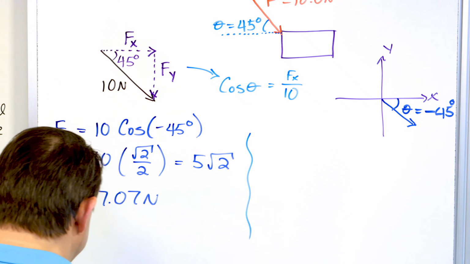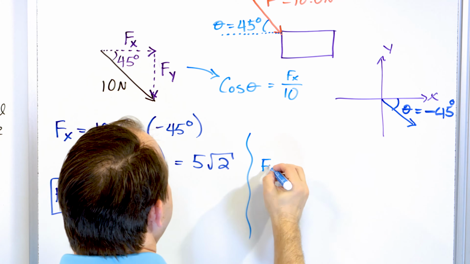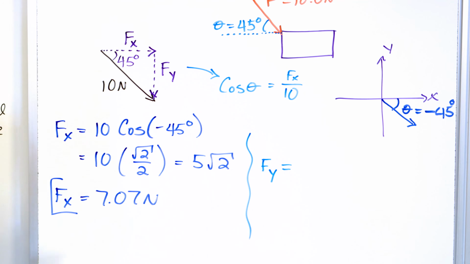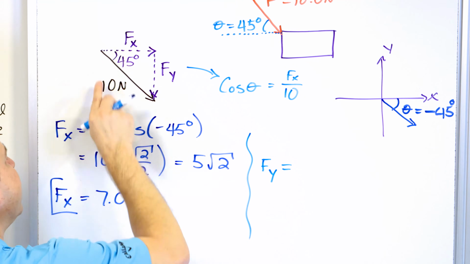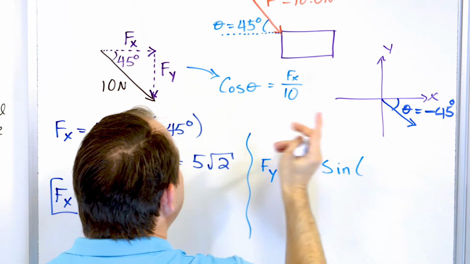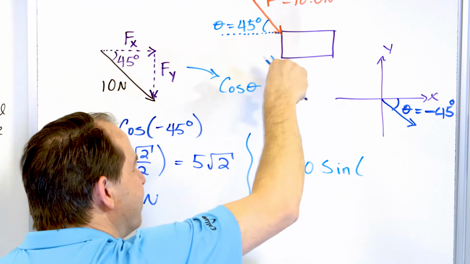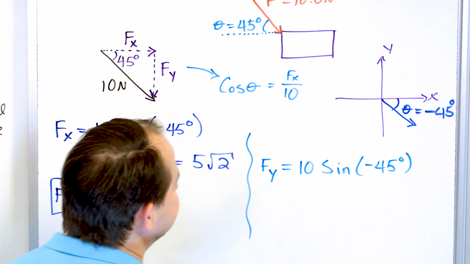All right, so then what we need to do is the same thing for the y direction. So if cosine chops in the x direction, what chops in the y direction? It is sine. So we have to take the total length of the vector, 10, and then we chop it down by the sine of what angle? Well, it's really 45, but since it's below, it's really negative 45, so we put negative 45 degrees.